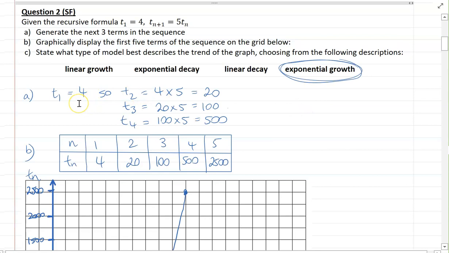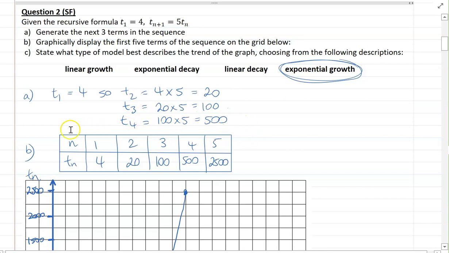Hopefully you successfully used the recursion formula. So given that your first term is 4, we want the next 3 terms, so we're just multiplying our first term by the R value to get 20 as our second term, third term is 100, fourth term is 500.